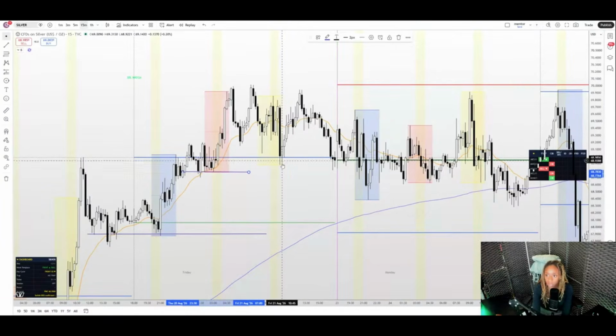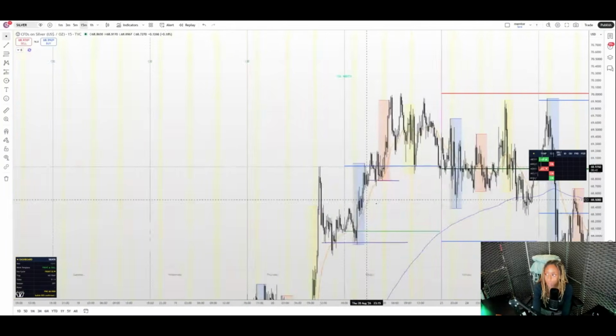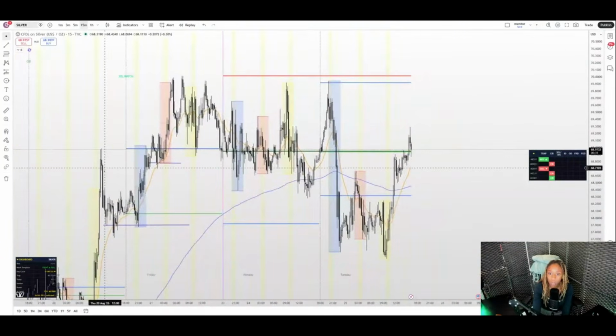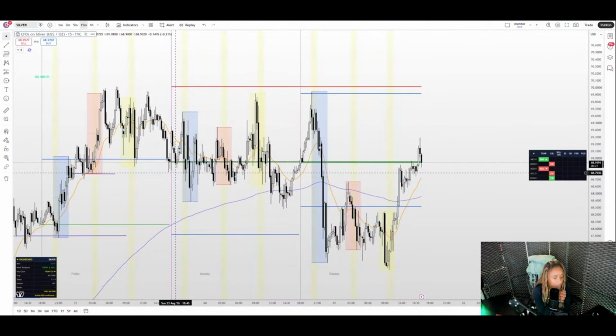In New York session, we get straight up trash. It happens. Moving on. Manage your risk. Now, what do we have? After we broke out of this high, there's consolidation sitting up here. Monday opens up and it's straight up trash. And you have people still trying to trade this.